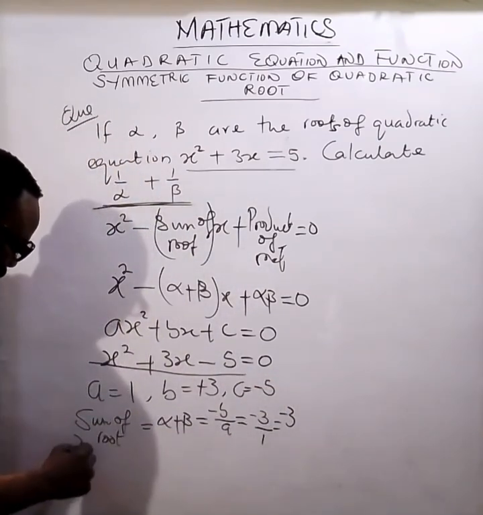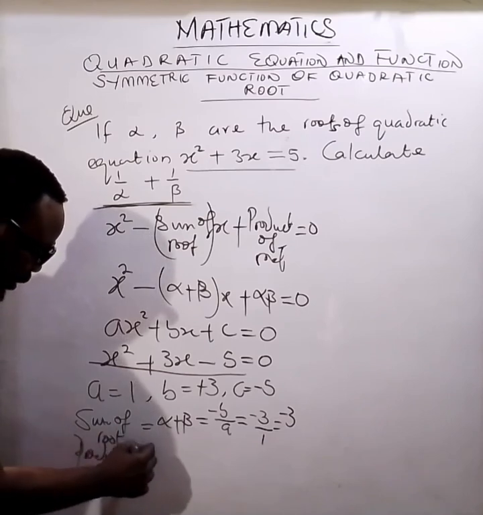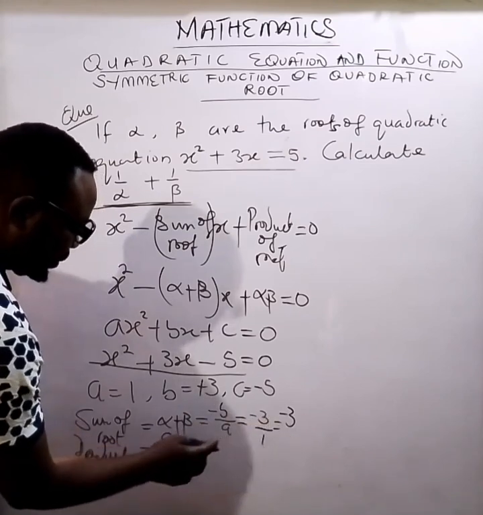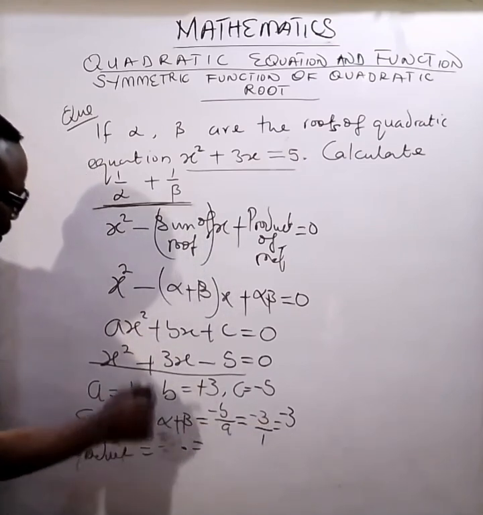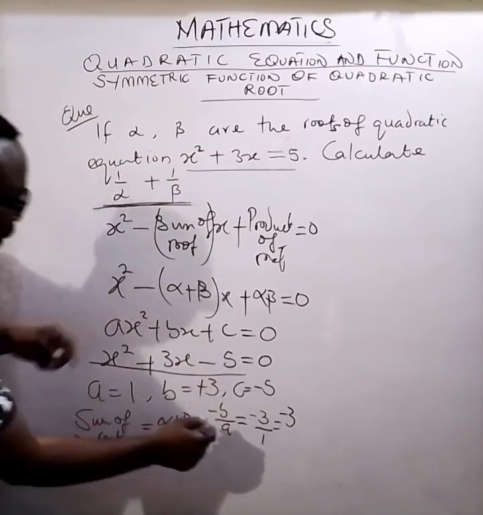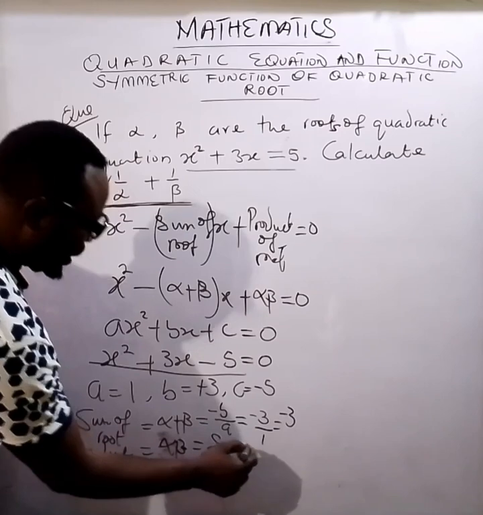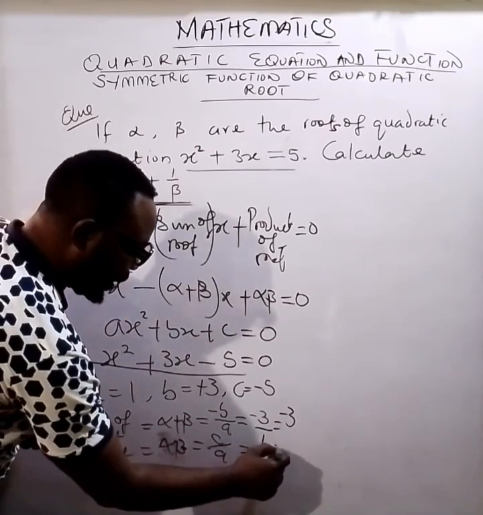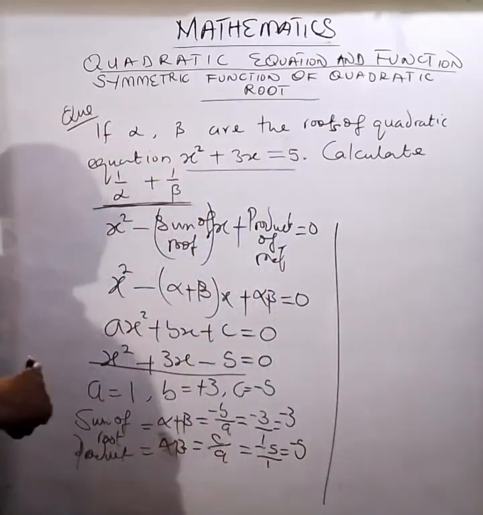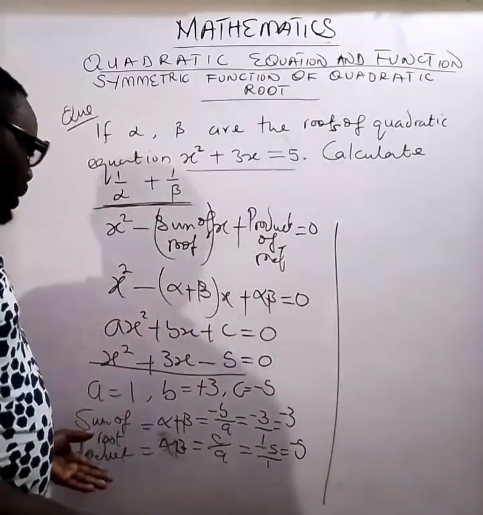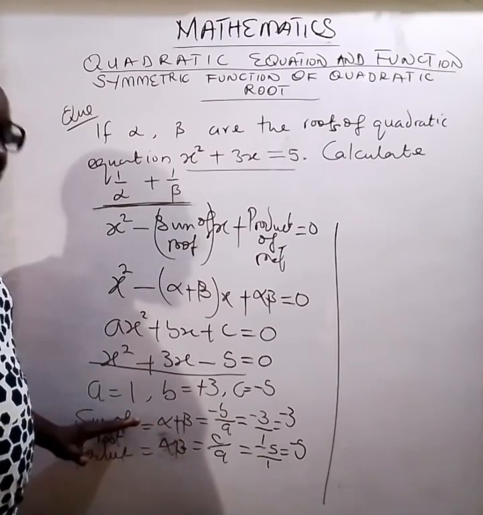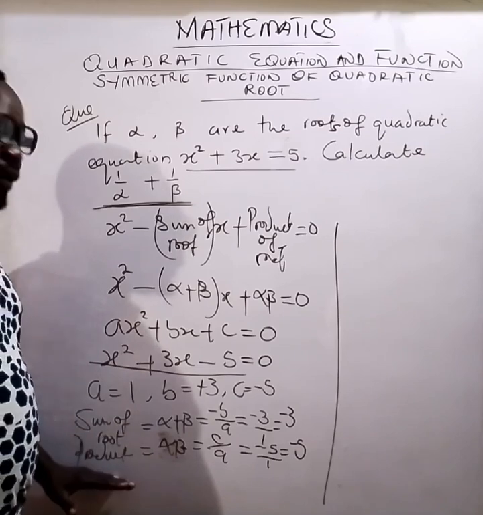My product of roots, alpha beta, is equal to c over a, and c over a is minus 5 over 1, which is equal to minus 5. Now, we have been able to get the values of alpha plus beta and alpha beta, which are the sum of the roots and the product of the roots.